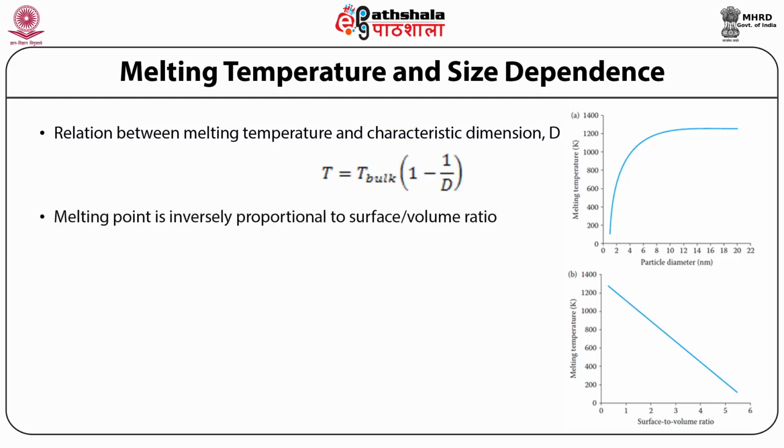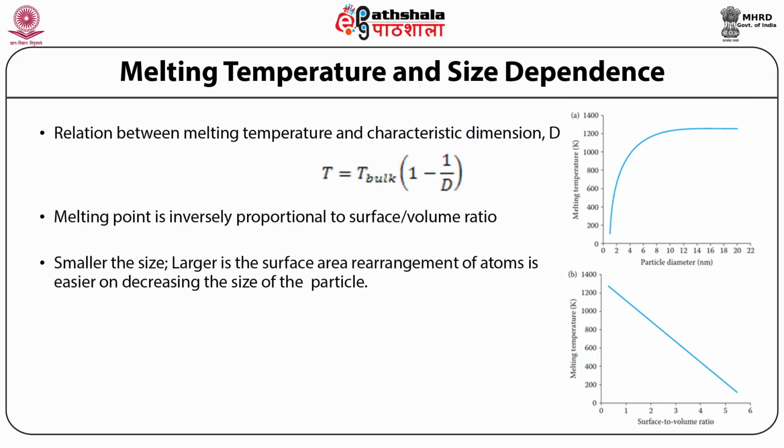Melting point is inversely proportional to the surface to volume ratio. That is, the smaller the size, the larger is the surface area. Rearrangement of atoms is easier on decreasing the size of the particle. And the melting temperature of particles is always less than the bulk.